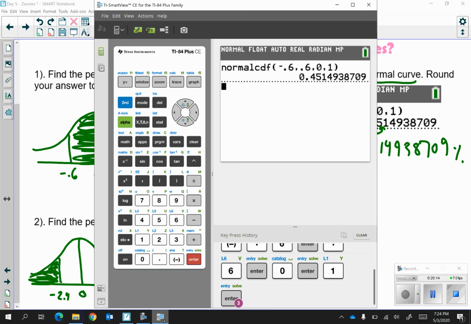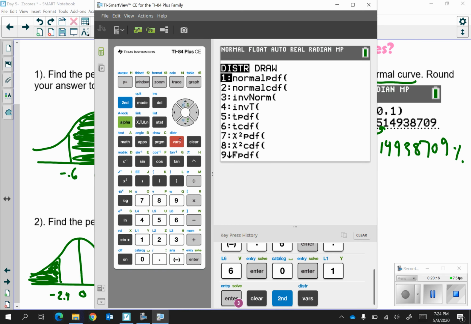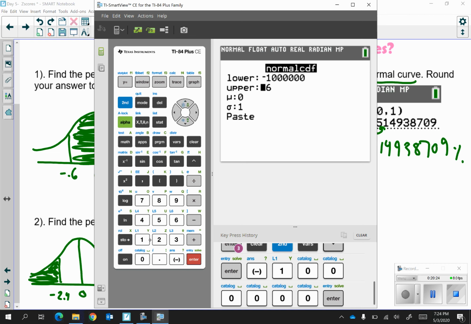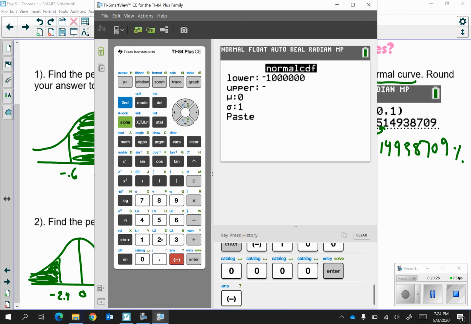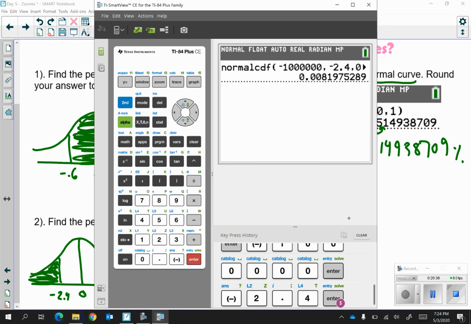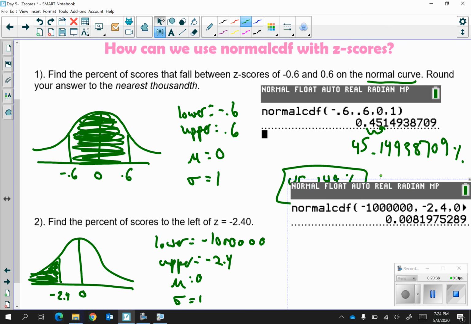We're going to go and put that in the calculator. Second vars, normal CDF, negative a million, negative 2.4, and let's see what we get. We get that. All right, that is a very tiny number, and I told you to be on the lookout for that anyway.